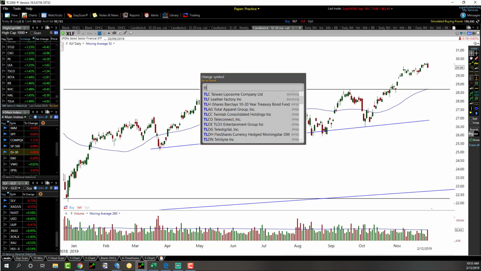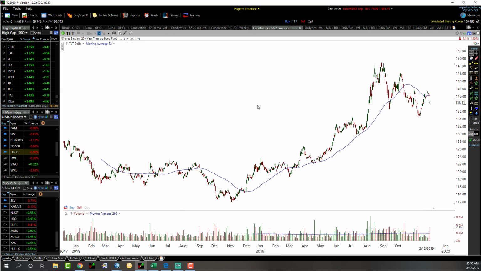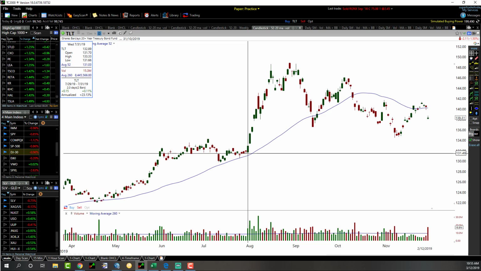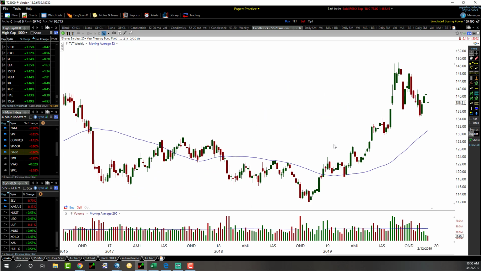And TLT, you said. And calls on TLT. Okay. Well, short term, we've been pretty much doing nothing here. It looks like it's starting to really gallop on the downside through here. Let's go to that weekly chart.